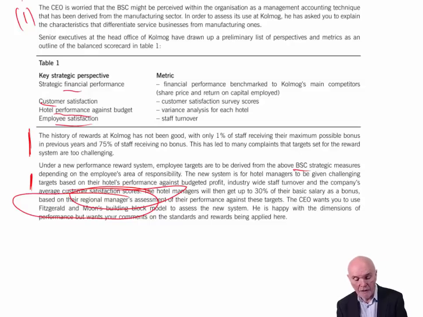The CEO wants you to use Fitzgerald and Moon's building blocks model to assess the new system. He is happy with the dimensions of performance, but wants your comments on the standards and rewards being applied here. The standards and rewards. Okay, so we're not going to be dealing with all of the Fitzgerald and Moon because this person is happy with the standards and rewards.